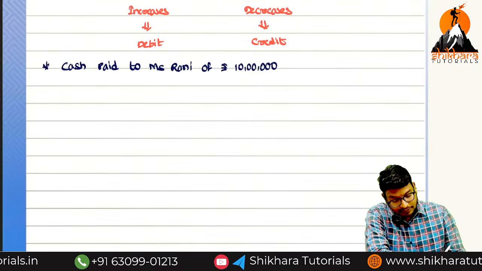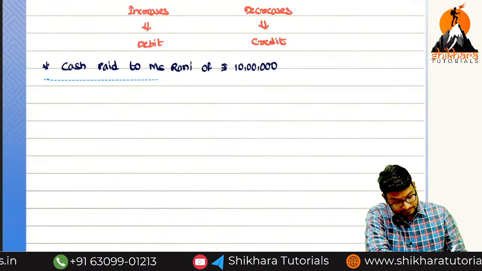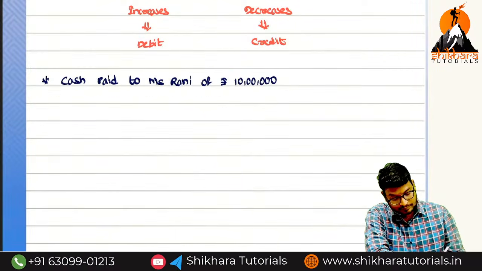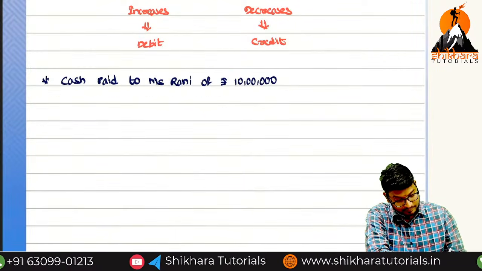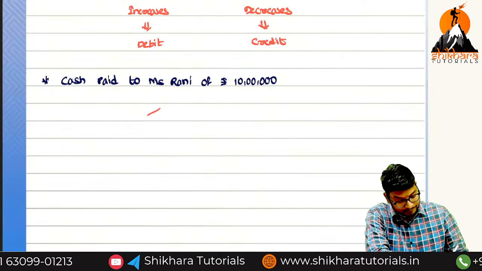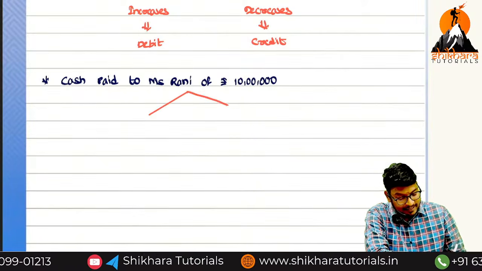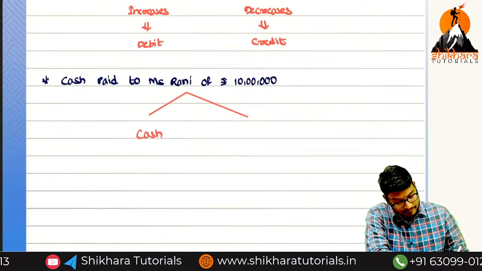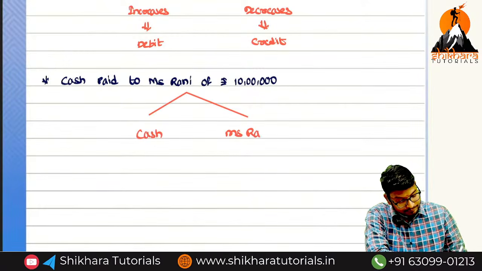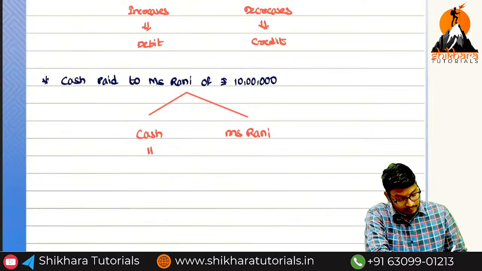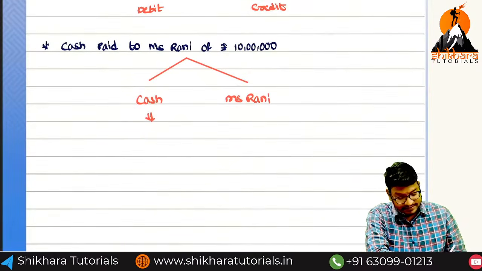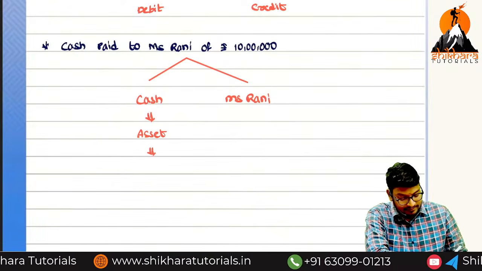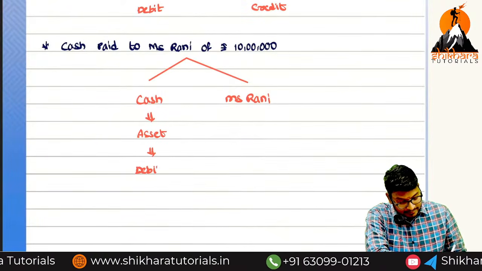Can you say the two outcomes? The two outcomes are cash and Miss Rani. Cash, once again, is an asset. We'll have which balance? Debit balance.